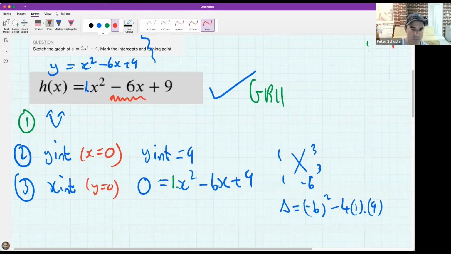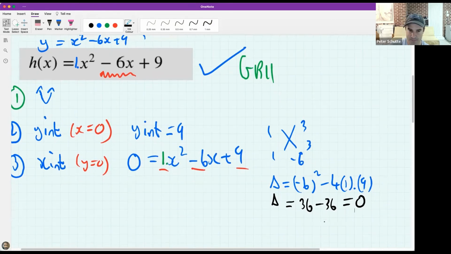All I'm going to do is underline my A value, my B value, my C value. Now you'll see something rather interesting. The delta is 0, which is actually super awesome.